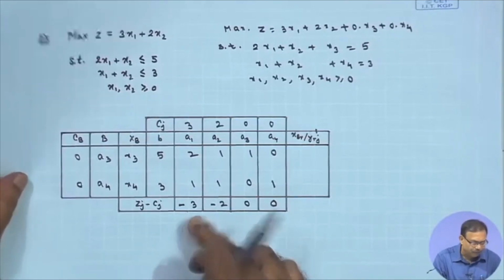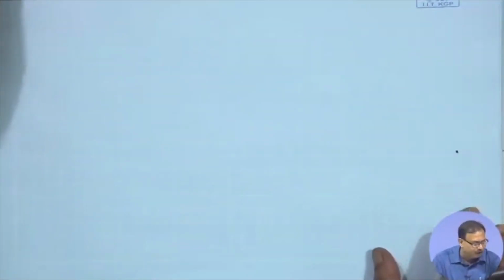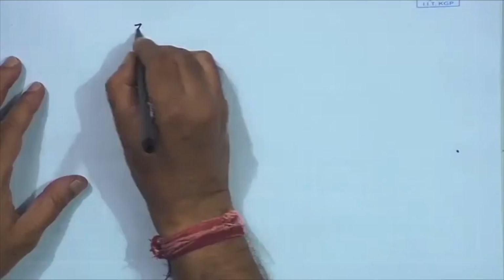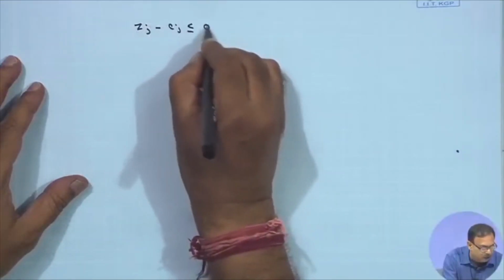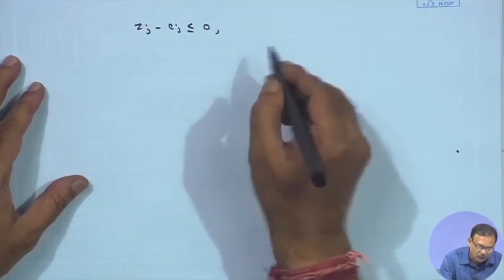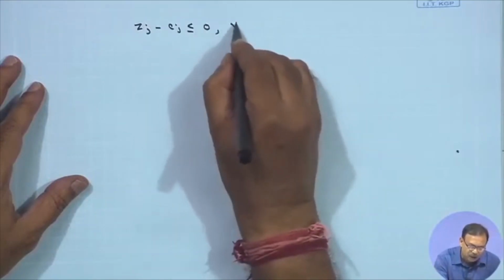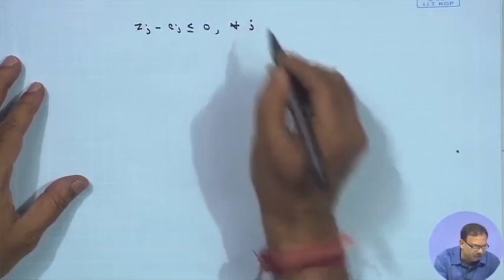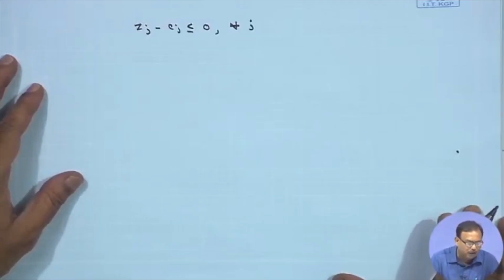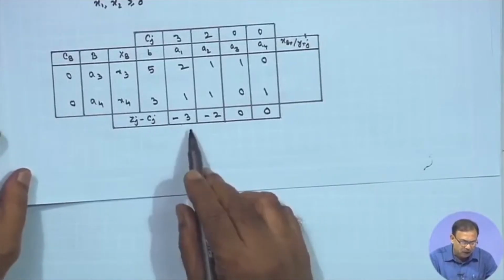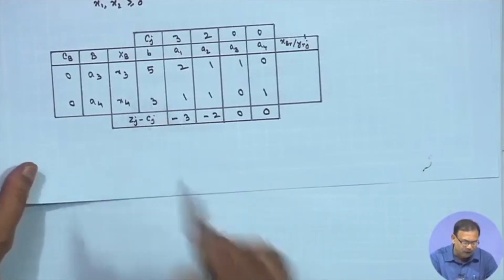So, I am first writing z j minus c j is less than equals 0 for all j. So, in general, your conclusion is that the solution is neither optimal nor feasible from here.